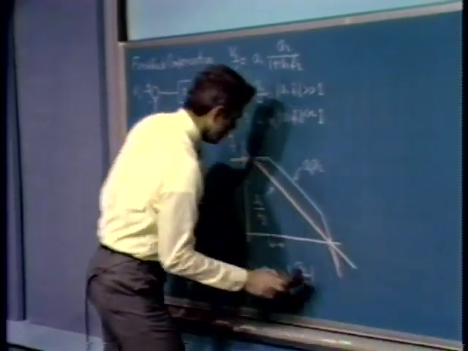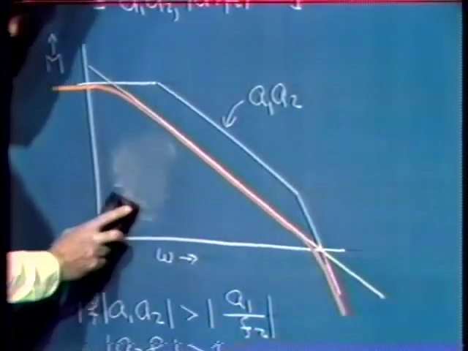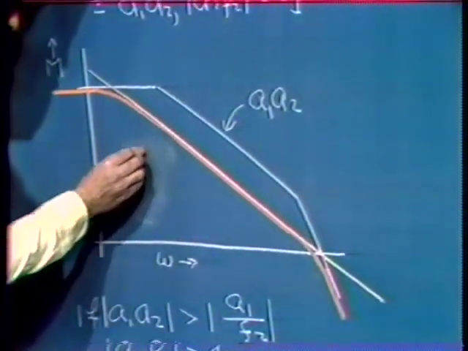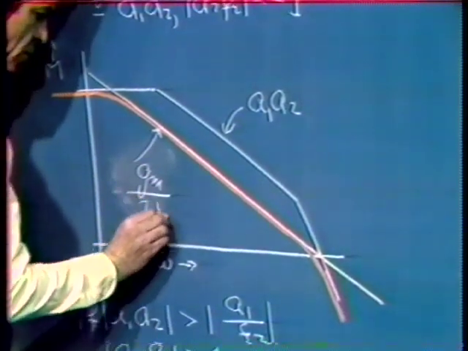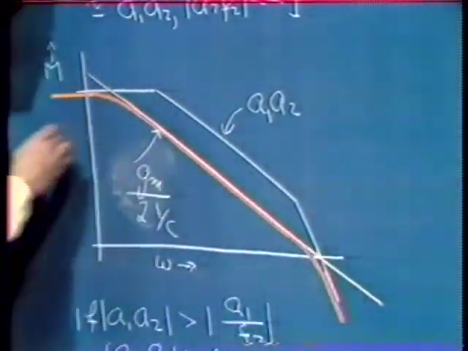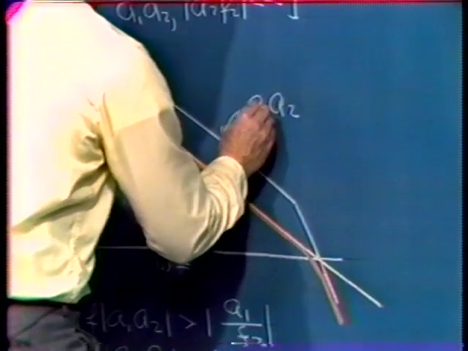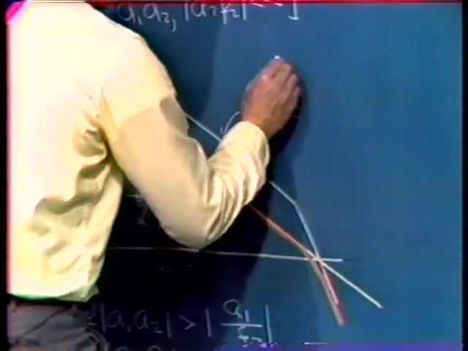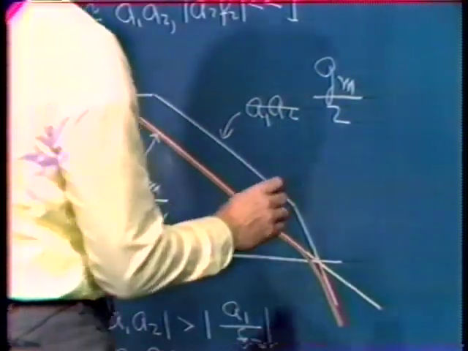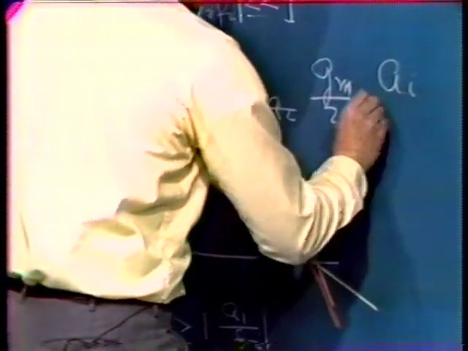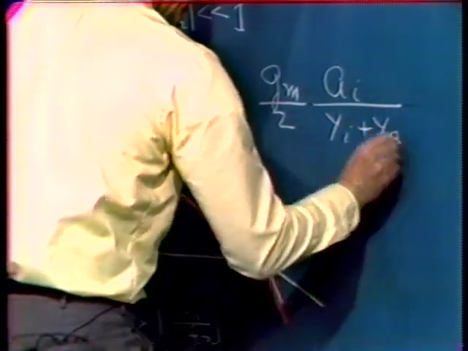So we can show what would happen for our operational amplifier. This curve would be G sub M over 2Y sub C. And this curve would be not this quantity, but rather G sub M over 2 times AI over YI plus YA.